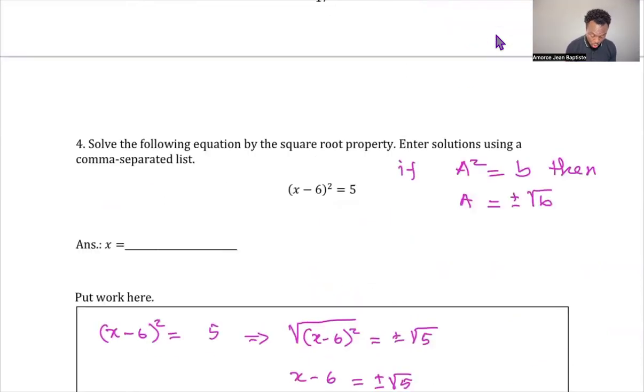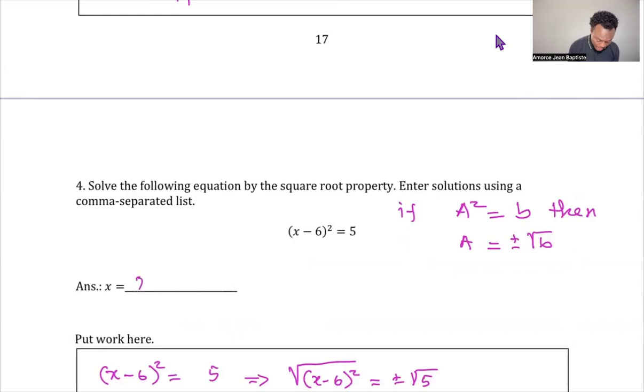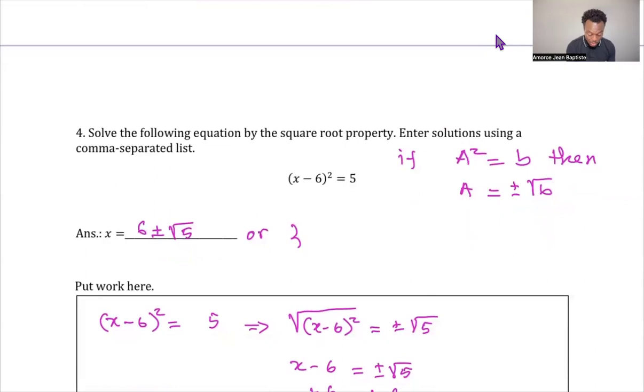Like I said, you can keep it condensed. It's not a problem. So that was if you want to solve by using the square root property.